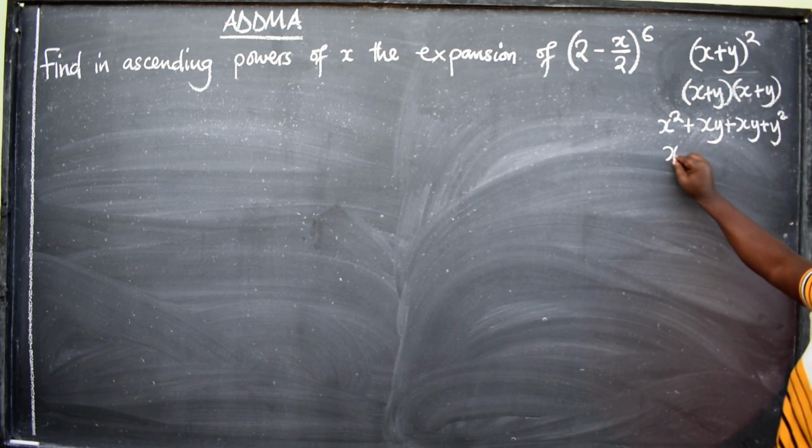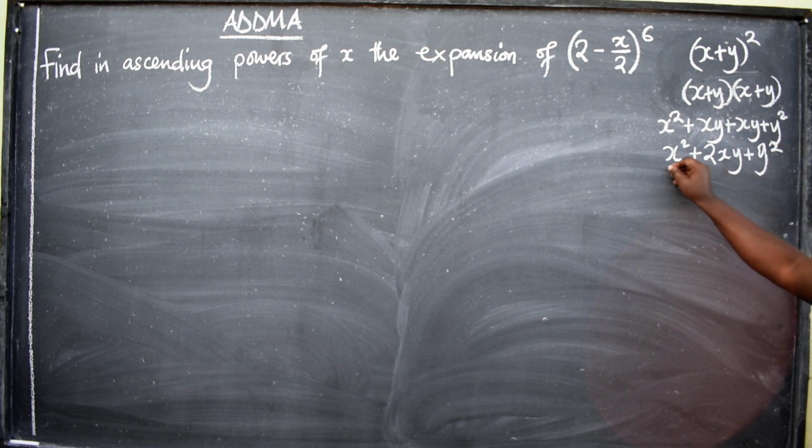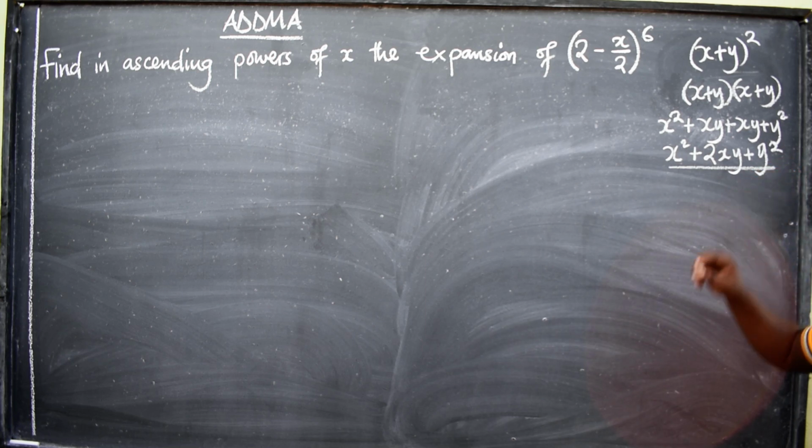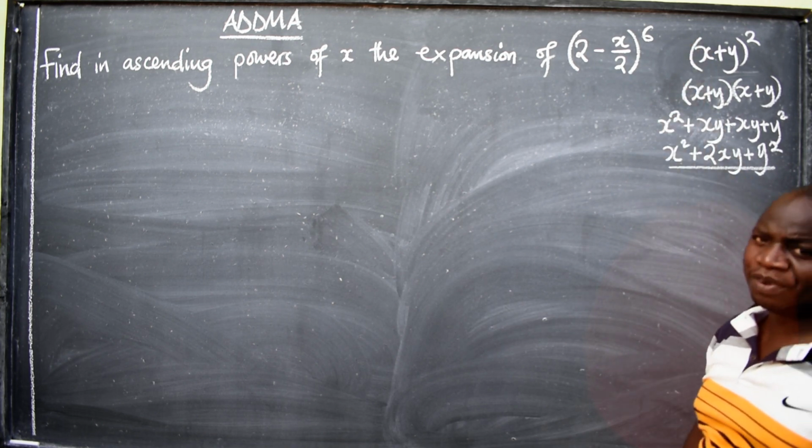Then x squared, these two are like terms, I can add them, so it is 2xy plus y squared. This will now be the expansion of this binomial. I hope we are together.